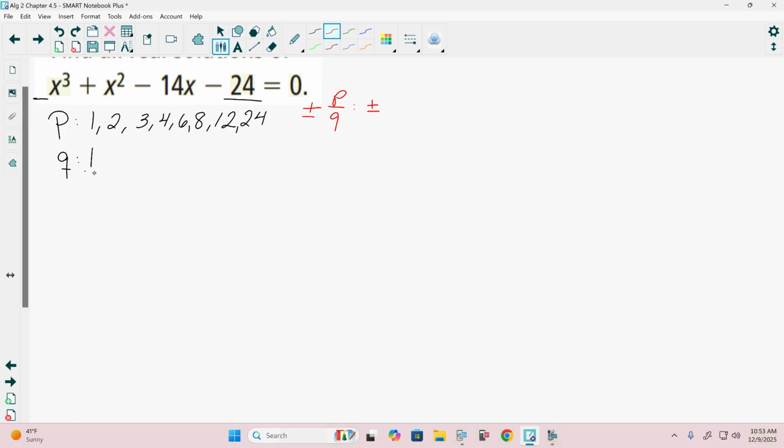Now, the way I work these is I take every factor of P and divide it by the first factor of Q. Once I finish doing that, I'll move and do the same thing with the second factor.